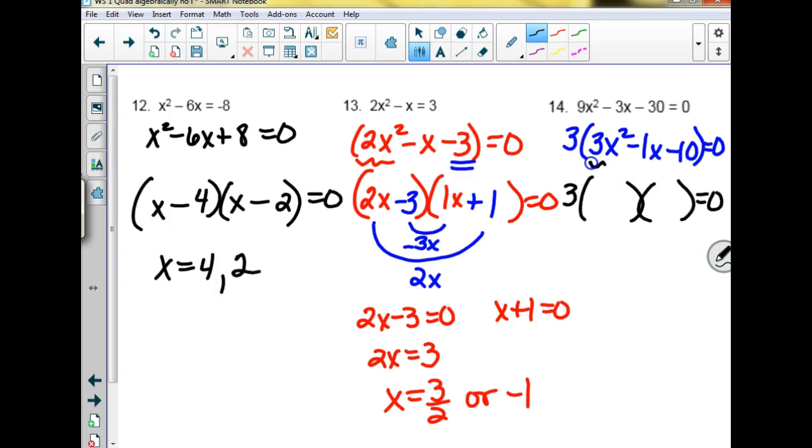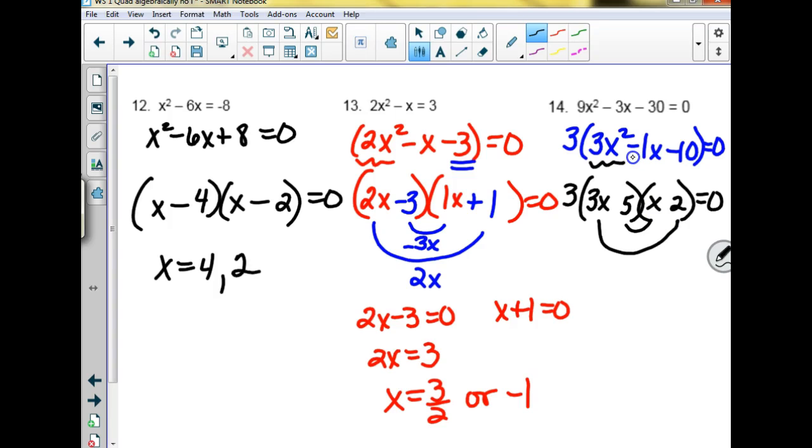Okay, to make a 3x squared, we'd only have two possibilities, 3 and 1, right? Or 1 and 3, but to make 10, what do you want to try? 5. In that order? Yeah. Okay, that would be 5, and this would be 6. I think we might be onto something to get a negative 1, right?